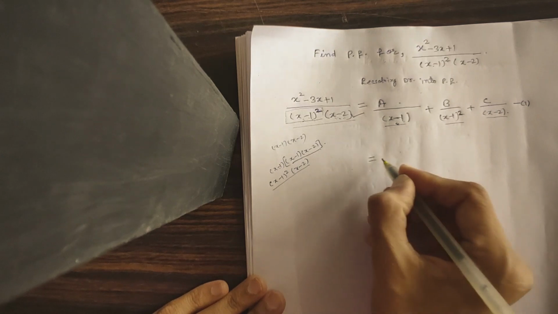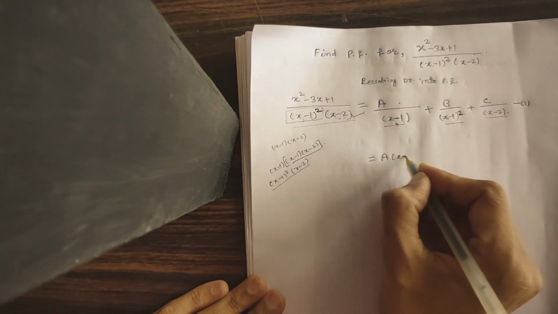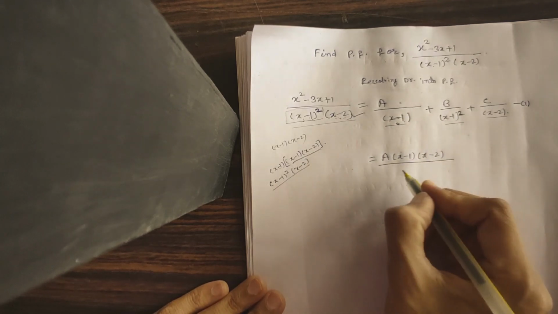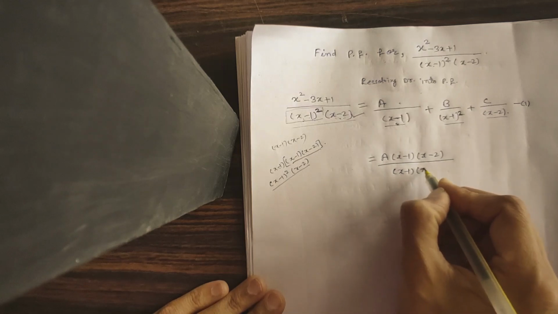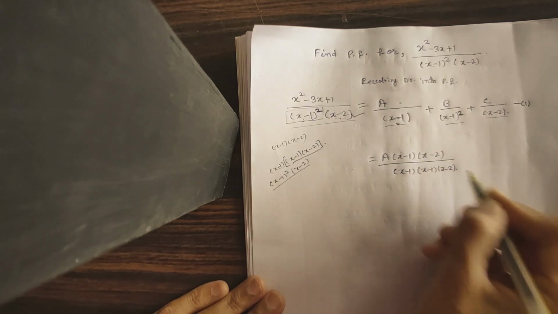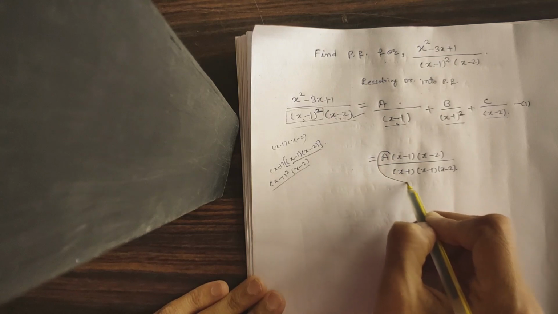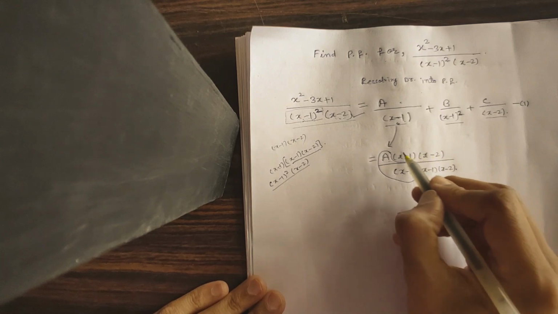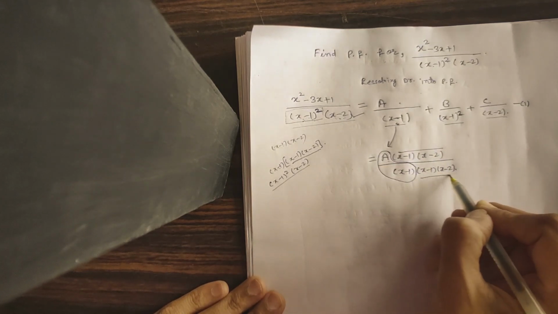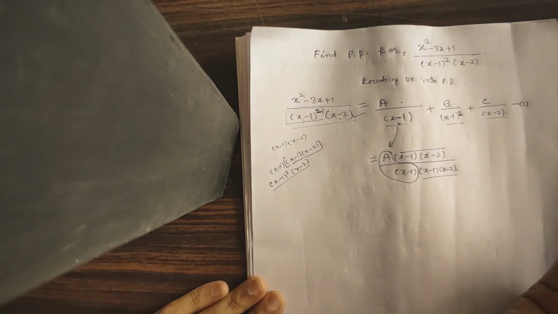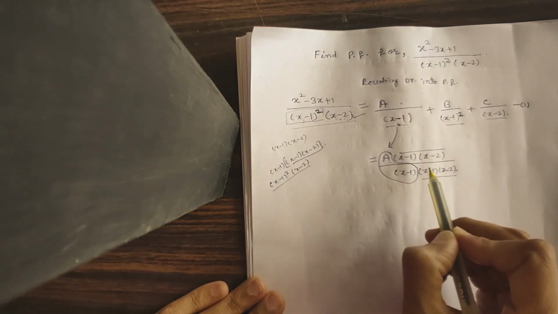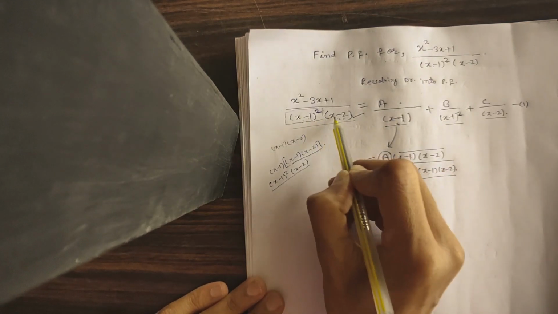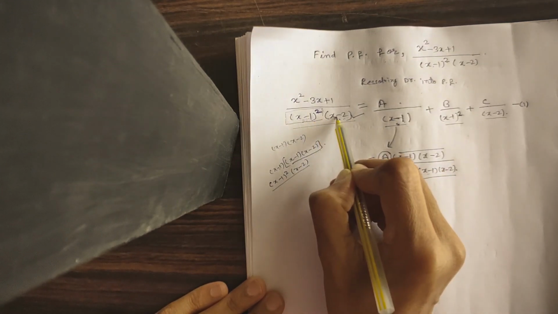So I get a into x minus 1 into x minus 2 upon x minus 1 into x minus 1 into x minus 2. This part is already there, and I just multiply and divide with this term. Why did I do so? Because I want to convert this denominator into this part, to make the denominator the same.